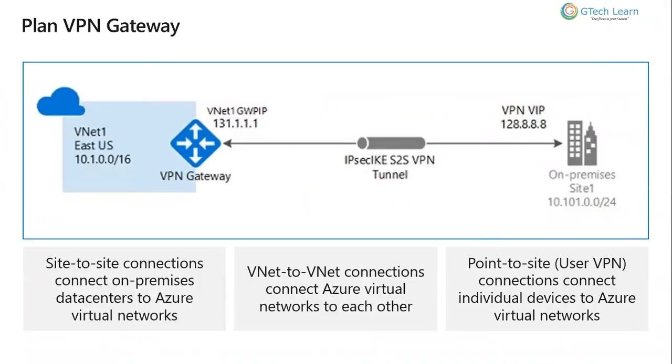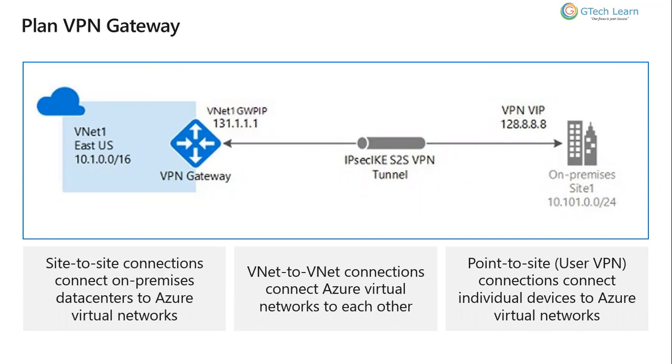Apart from that, moving back to the presentation, let's talk about the VPN gateway. The VPN gateway in Azure connects your on-premises network to Azure by utilizing different point-to-site and site-to-site VPN methods.